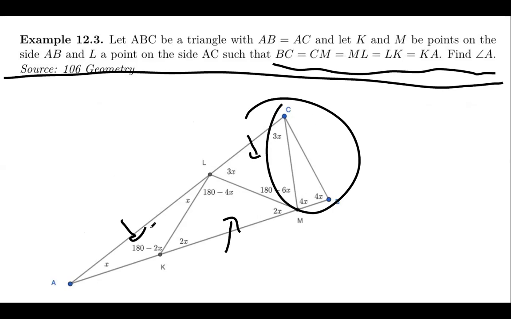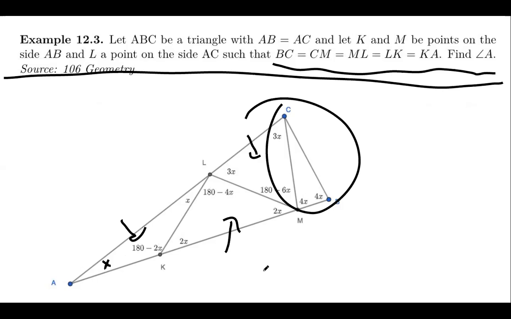So if we let the vertex angle, what we're looking for, be x, we can go through and find all of the angles in all of the isosceles triangles until we get to one of the base angles, which equals 4x.